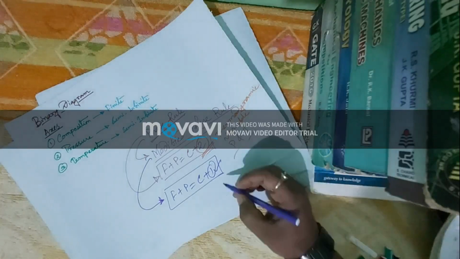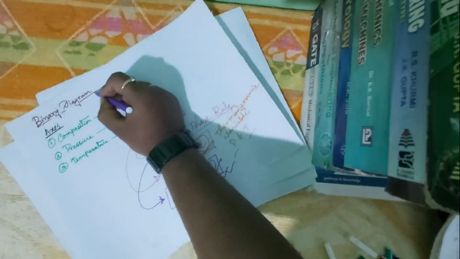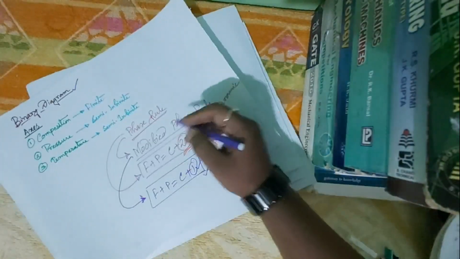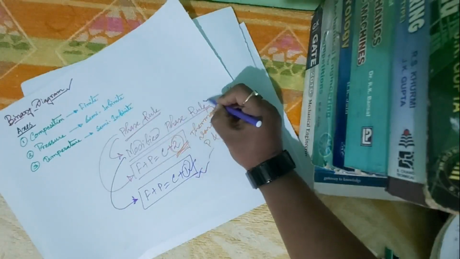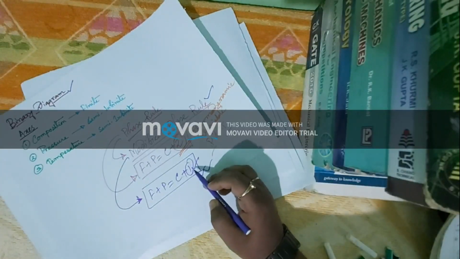Okay, so we have talked about this binary diagram, and right now the modified phase rule is F plus P is equal to C plus 1.